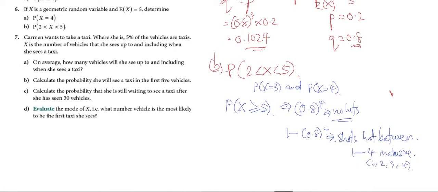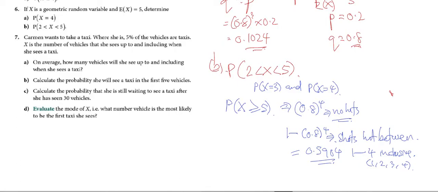When I use the maths, the answer is 0.5904 from the calculator. That's the probability of getting a hit from 1 all the way to 4.